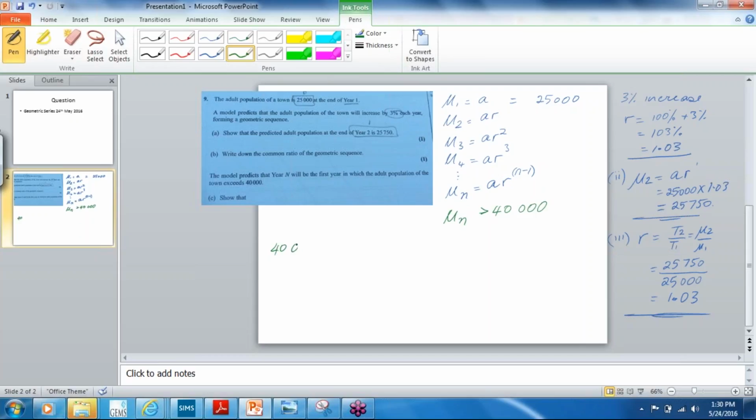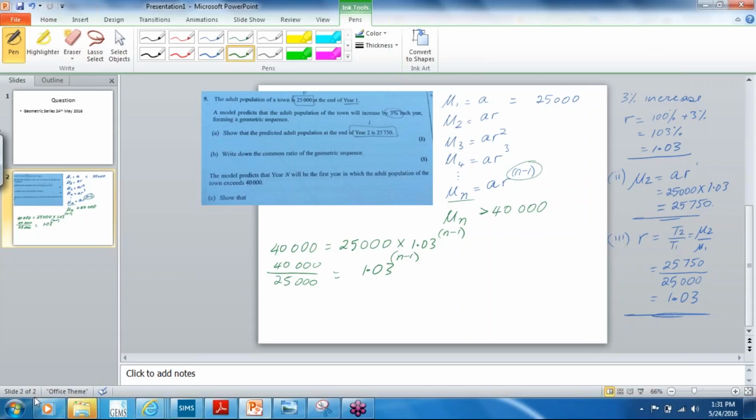Let 40,000 equal A times R to the power of n minus 1, where R is 1.03. Take the 25,000 across: 40,000 divided by 25,000 is 1.03 to the power of n minus 1.